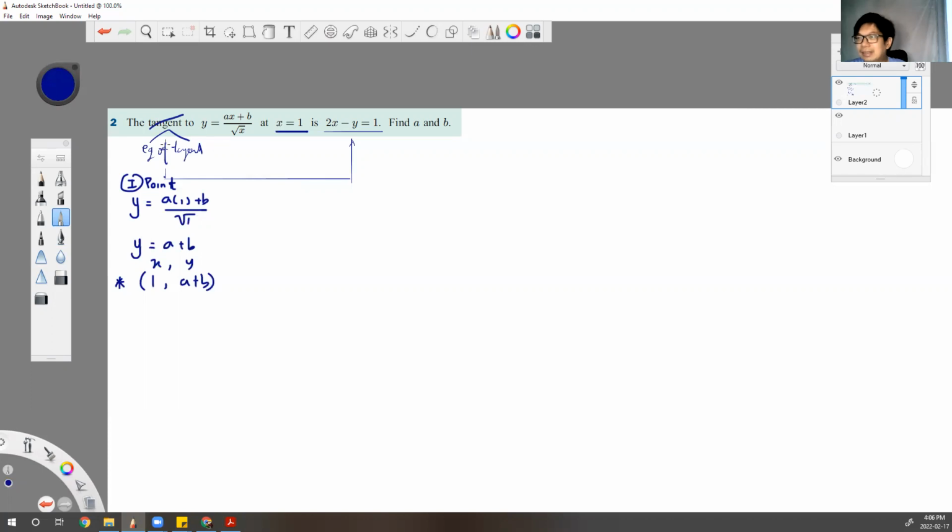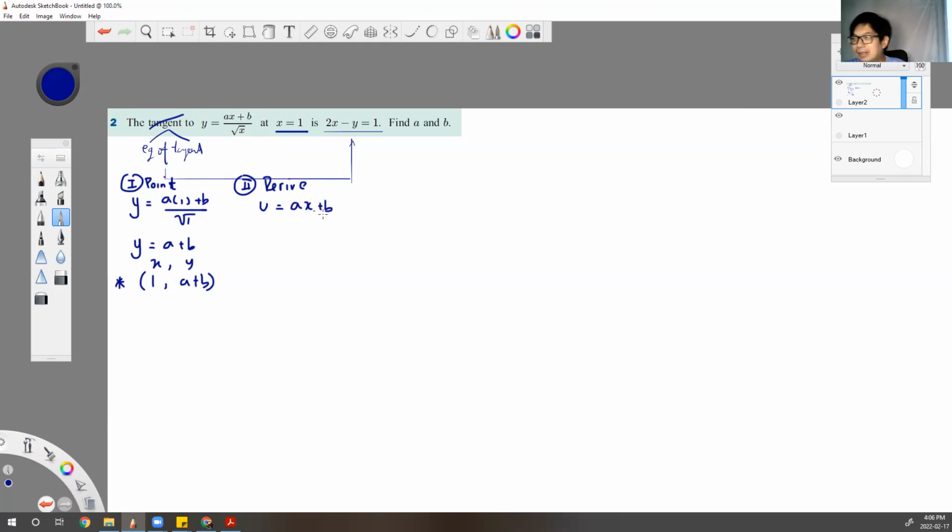And next, the equation of tangent. So the second thing you need is to differentiate y, right? So y equals ax plus b over square root x. This is what you usually see, right? This is the quotient rule.